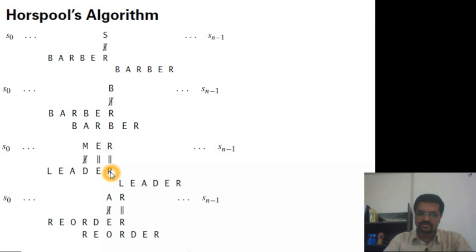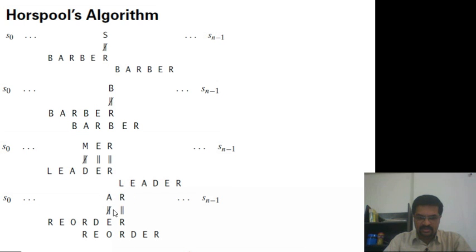R is matching here for sure, but if we shift by one, this R is already gone. Among these five characters, none of them are matching with R, so we can safely shift by six characters again. All we need to look at is this last character. Is it present anywhere in these first m minus 1 characters? If it is not there, shift by the length of the pattern.